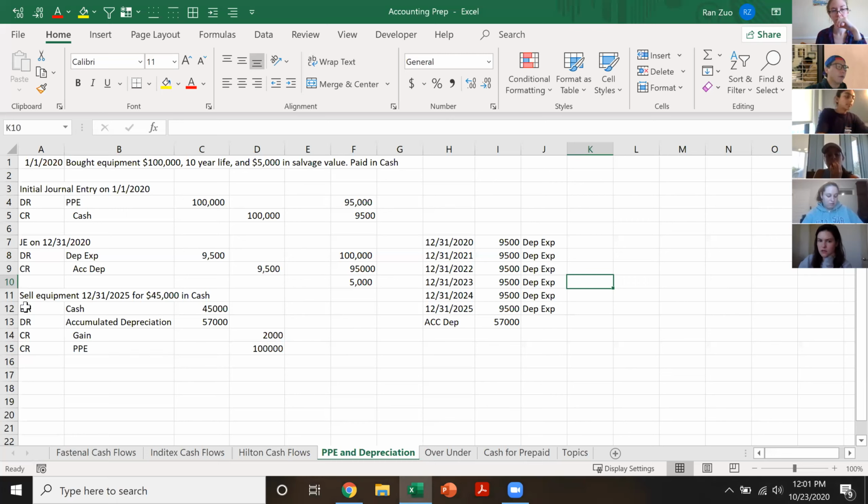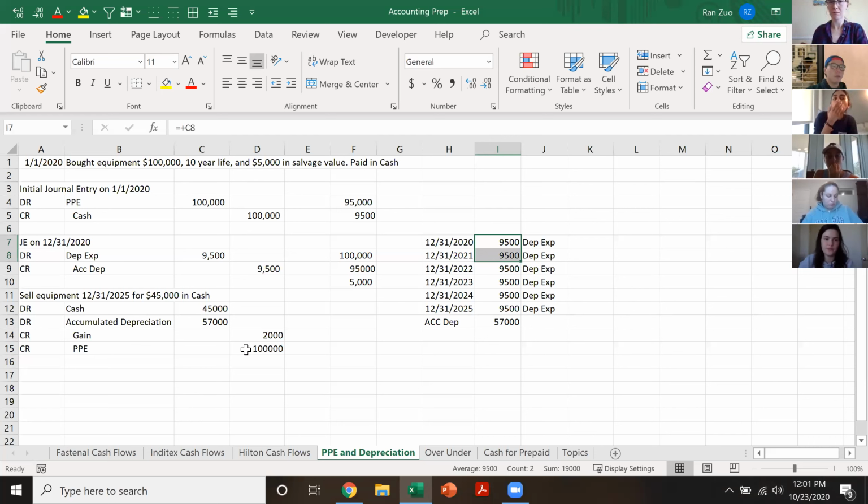This is a sale though. On a regular one, if you were to just have equipment and depreciate it, if you didn't sell this equipment and you just depreciated it, let's say it's 2 years, your accumulated depreciation would be 19. Okay, so the debited accumulated depreciation isn't the contra asset, it's the credited accumulated depreciation above it.